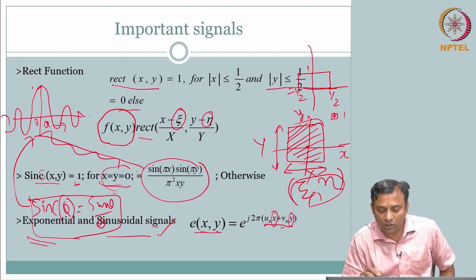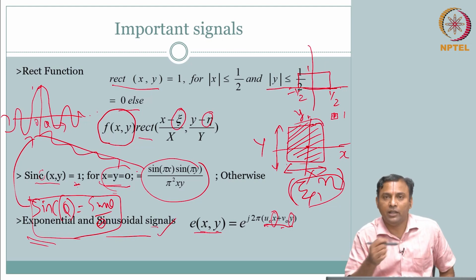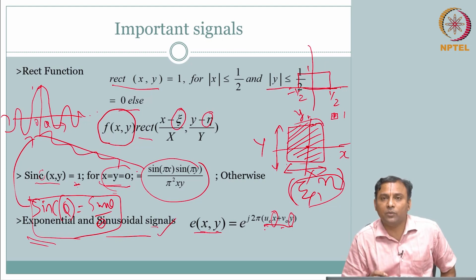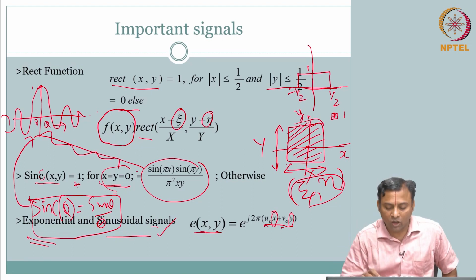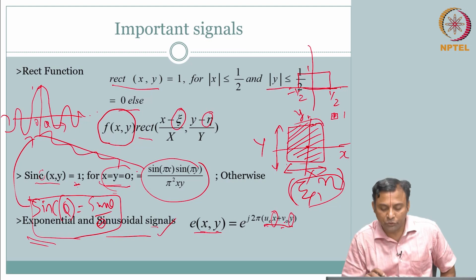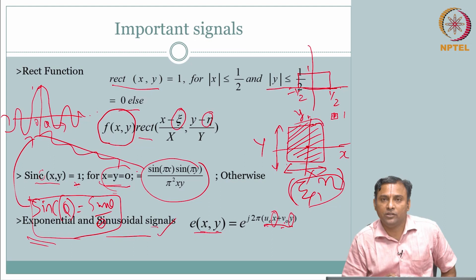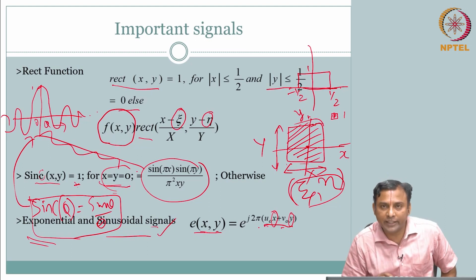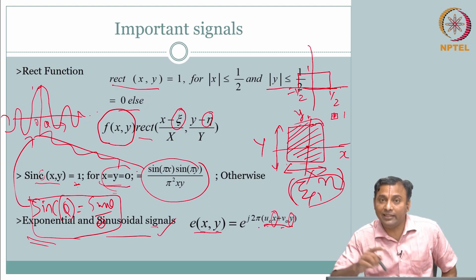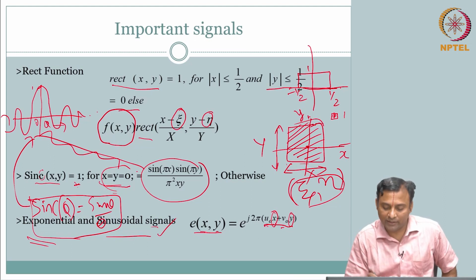Whereas here this is also supposed to be frequency due to the analogous nature, but what is this frequency? Oh, this is an oscillation in x direction, there is an oscillation in y direction. U naught is in x direction, v naught is in y direction. So, that means this is oscillations per length dimension, right, because x is length direction, y is length direction.